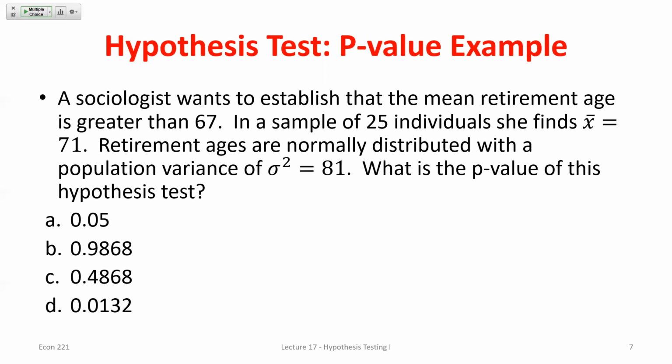Okay. So what type of tailed test do we have here? We always look at the alternative hypothesis. We've got a greater than sign. So we say we have a greater than or a right-tailed test. Only evidence in the right tail would go against the null, right? If we see sample means above 67, that goes against the null.